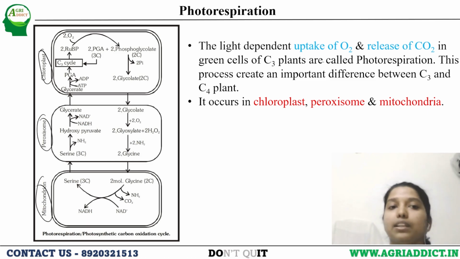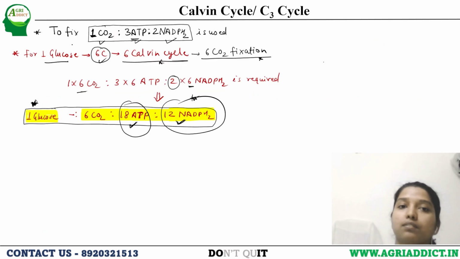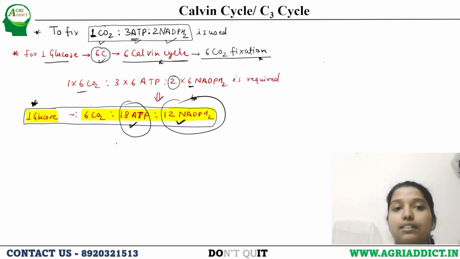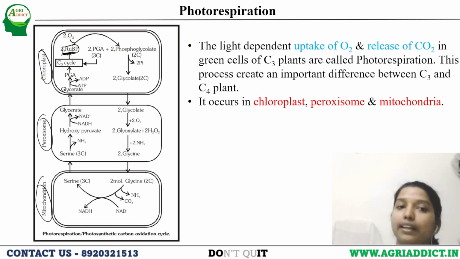So here what is happening? This RuBP, the one we studied in the Calvin cycle, ribulose 1,5-bisphosphate, here also it is fixing oxygen because the concentration of oxygen is more in the cell.